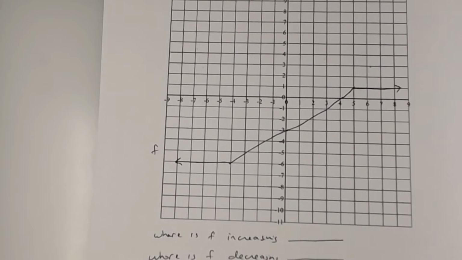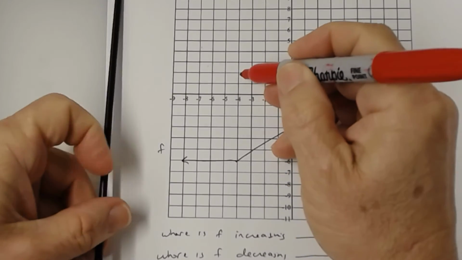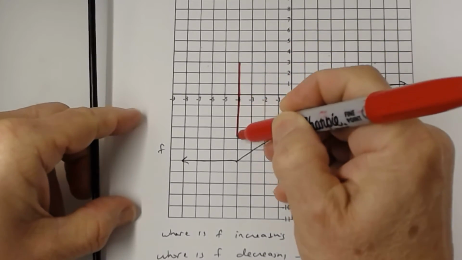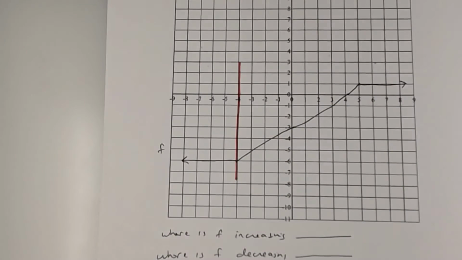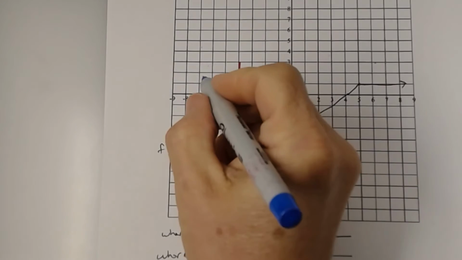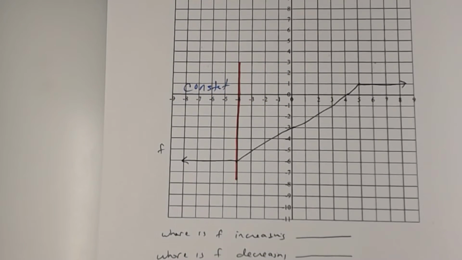All right, now what I would then do is, just like I did a while ago, separate your x-axis. So from -infinity to where? -4, just like this. My y values were what? Constant. Yeah, my y values were constant.